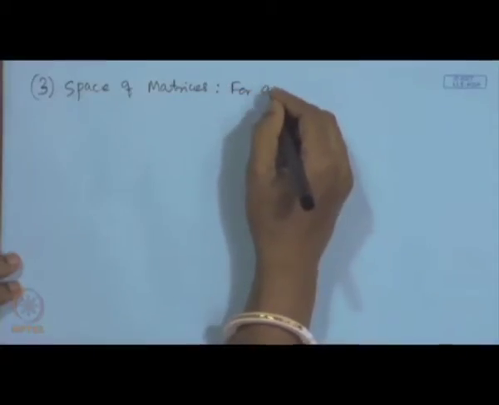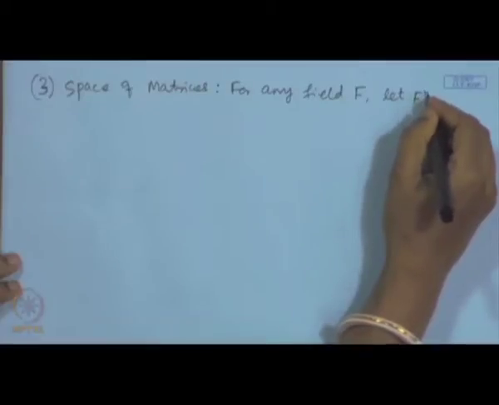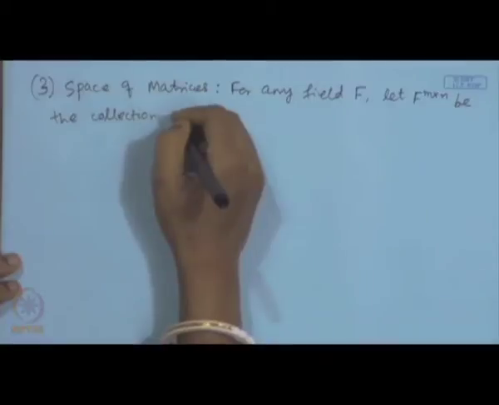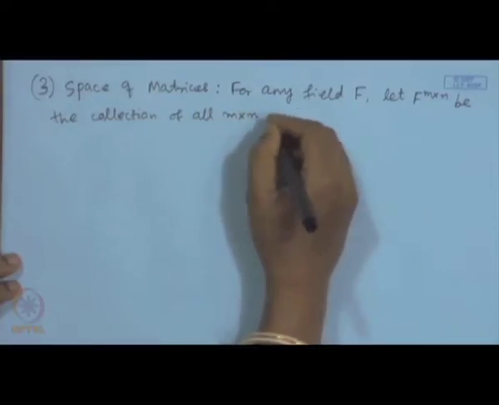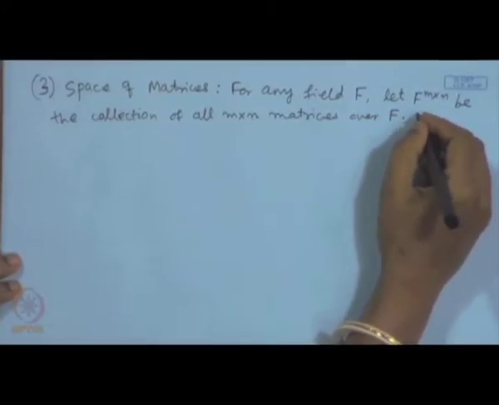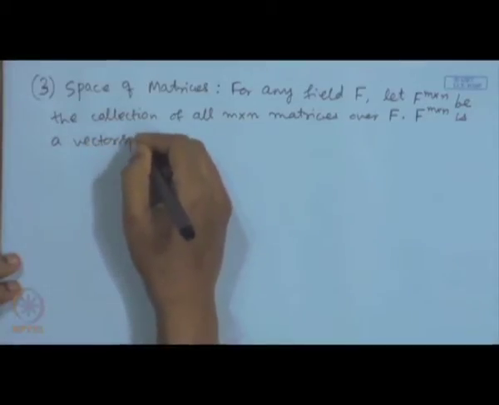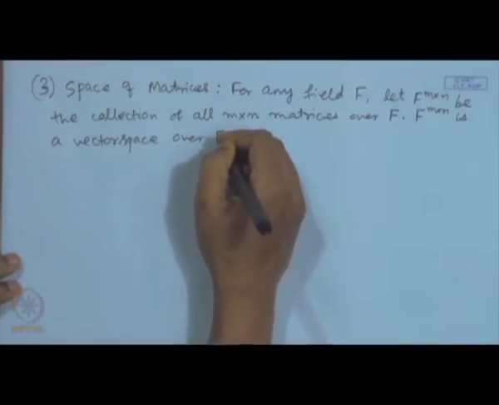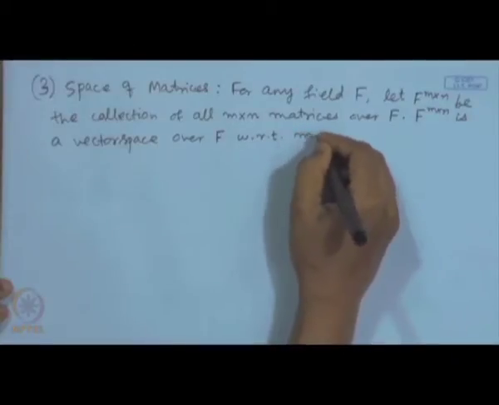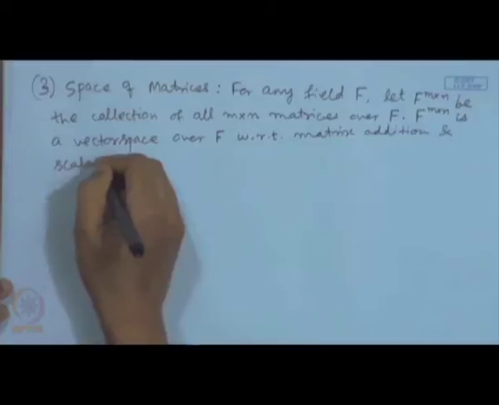So, here for any field F, let us denote F m cross n to be the collection of all m by n matrices over F. Then this F m cross n is a vector space over this field F with respect to matrix addition and scalar multiplication.